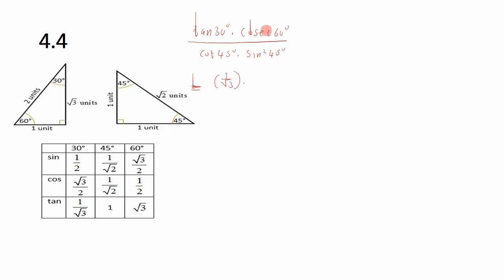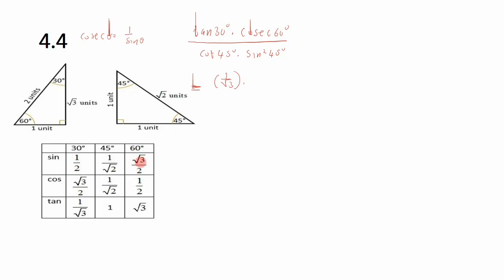And then cosec 60 degrees. We don't see cosec here, but we know cosec is an inverse of sine. So you just count here 1, 2, 3, and then you know that cosec theta is an inverse of sine theta. It means that when we're looking for cosec 60, we just have to go and look for sine 60 here, right? Looking at sine 60, it's root 3 over 2.